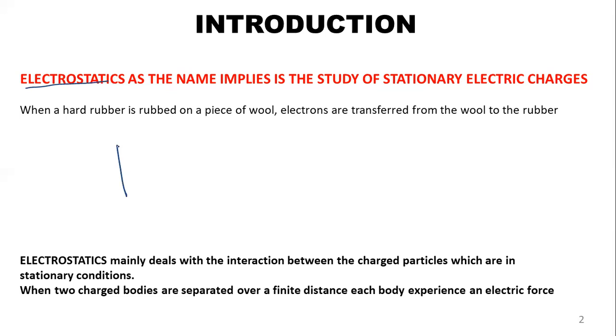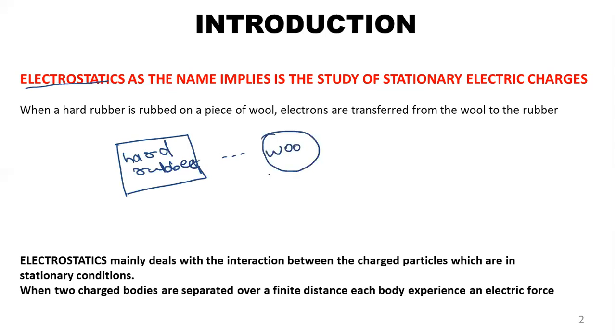So for example, if you are taking a hard rubber, and you have the wool here. You know that when a hard rubber is rubbed on a piece of wool, electrons are transferred from the wool to the rubber. So the wool is losing electrons.